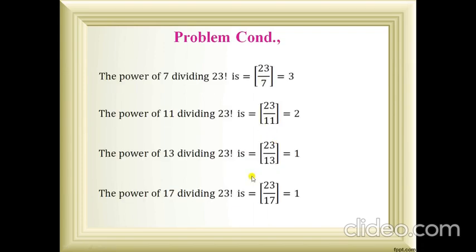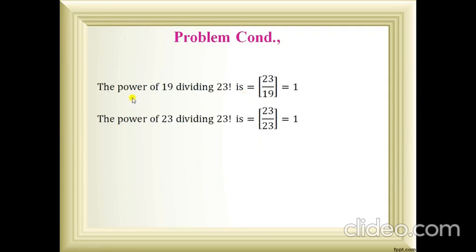So 17 gives 1 point something, and the ceiling is 1. The power of 19 is also 1 point something, so we take 1 alone. And 23/23 is 1.